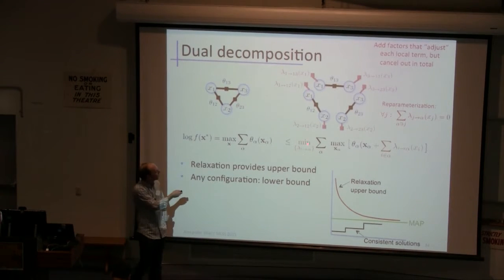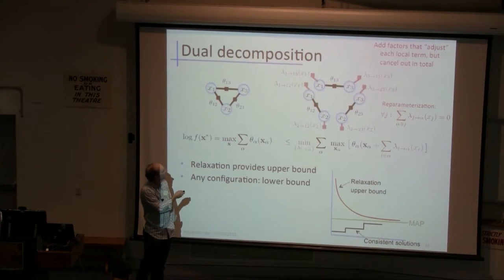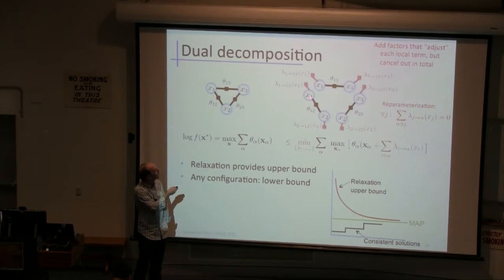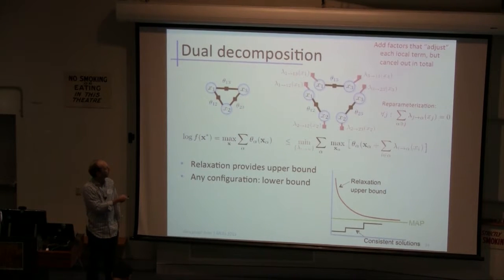And so what we find is as we optimize this lambda, typically the relaxation upper bound gets better and better. And as it does, this starts to expose what the optima of the variables are in each individual function, so that the configurations that we get as we pick some value for each xi get better and better as well.